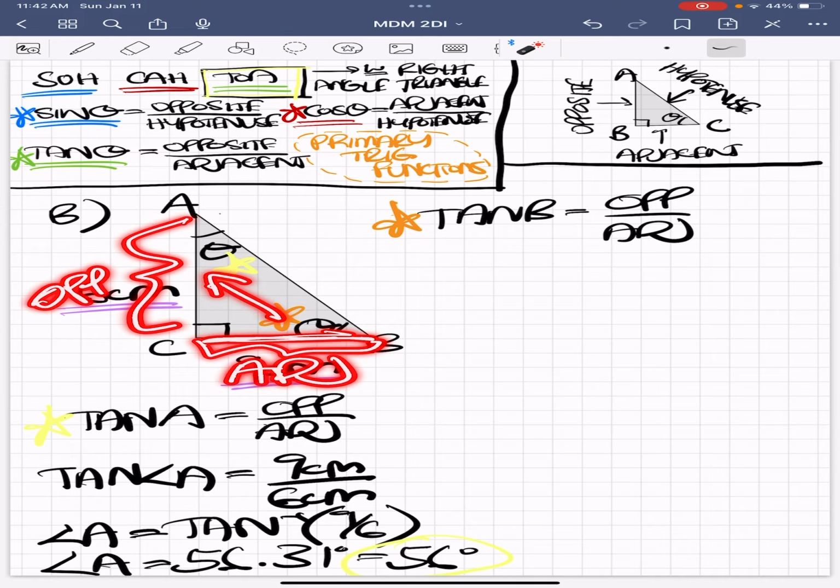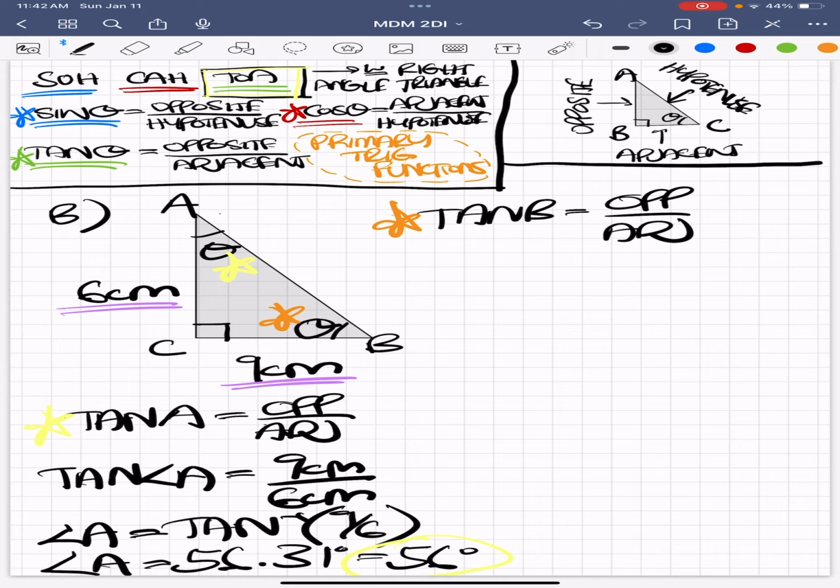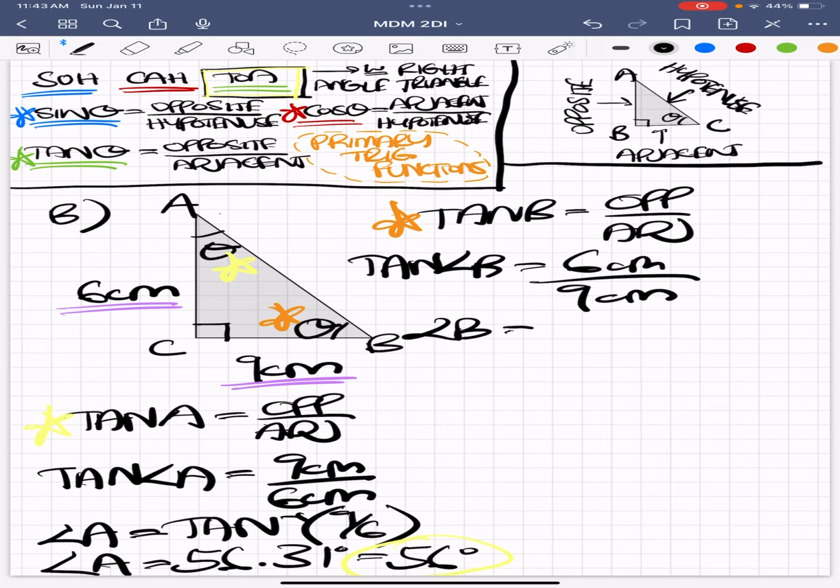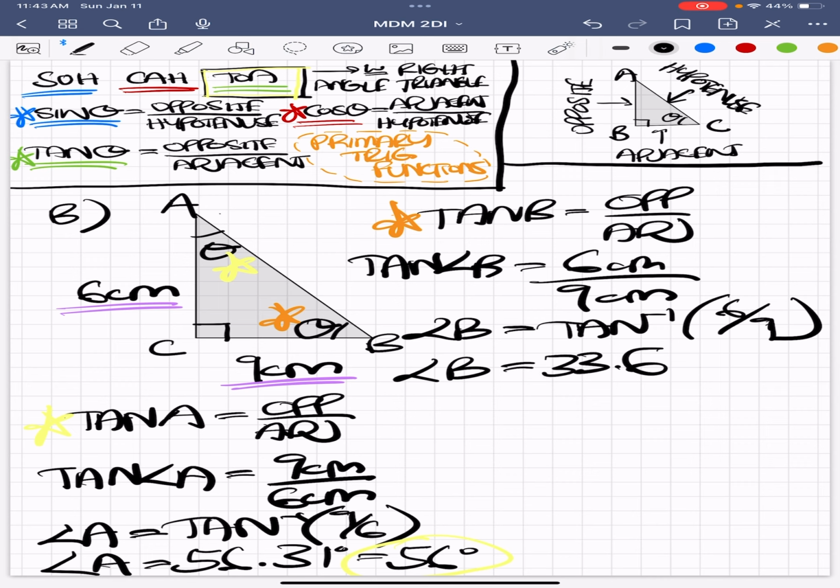Alright, let's begin. So we have tan angle B. We're going to input our values for opposite and adjacent. We have angle B. We're going to take the inverse of the tan function, 6 over 9. Angle B would be 33.69 degrees. Rounded to the nearest degree would be 34 degrees.